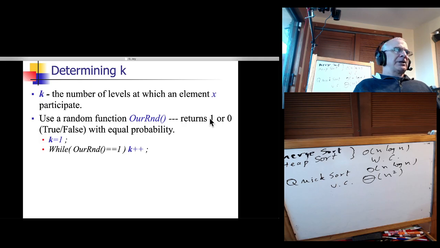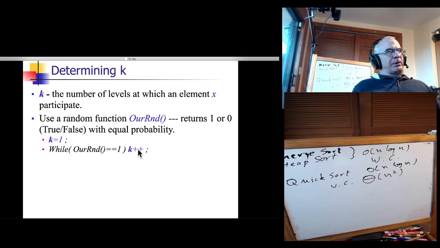And then if it's smaller than half, you'll say that it's 0. If it's larger than half, you'll call it 1. Either way, you want some probability, maybe half and half, to get 0 or 1. You start when K is 1, and now you're giving a chance to K to increase. Let's say 50-50, then you're calling rand, and if you're getting true as an answer, then you'll increase K to be 2.